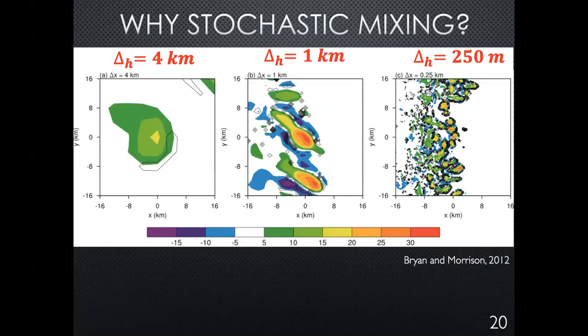But if we change the properties of those updrafts by incorporating a more realistic distribution of properties, and by realistic I mean those coming from an LES, does it have a significant impact? And of course, the goal is to mimic the mass flux distributions at those finer grid spacings.